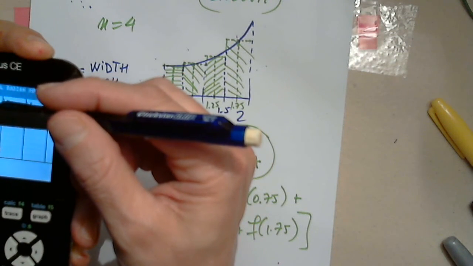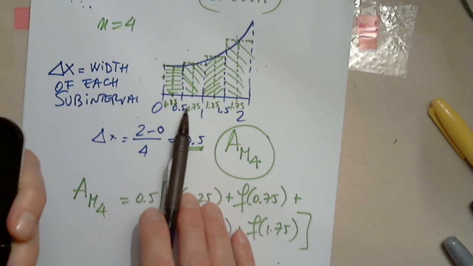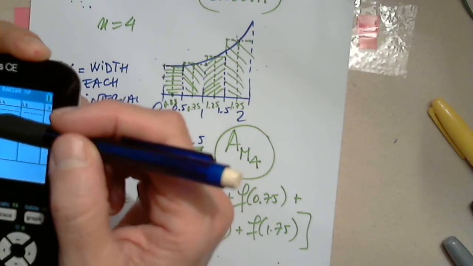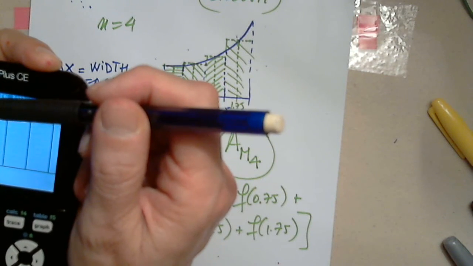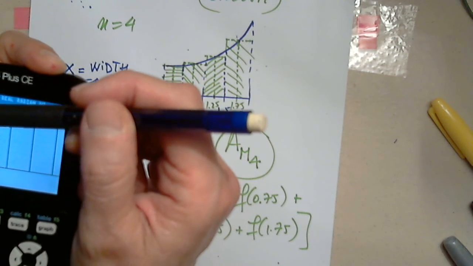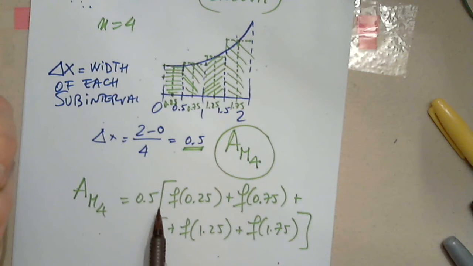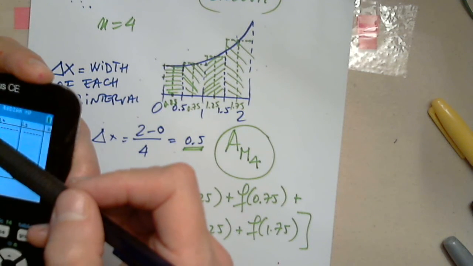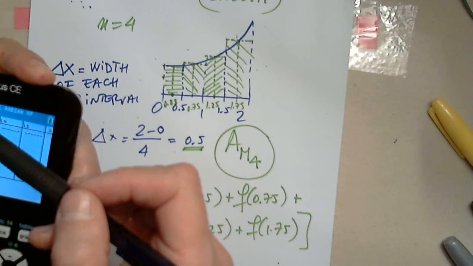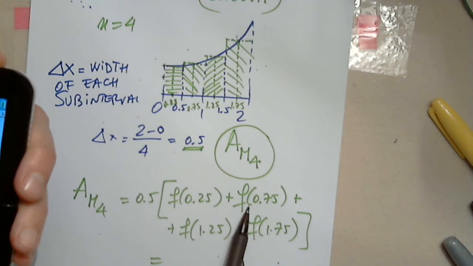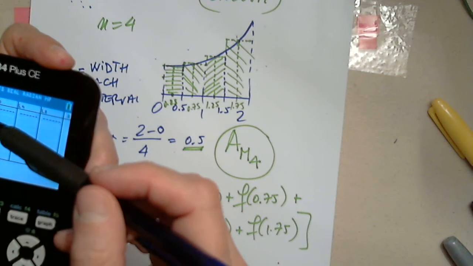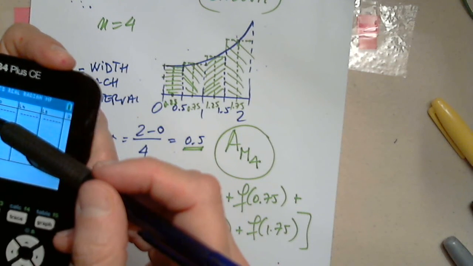One more time, what am I trying to do? I entered 0.25, 0.75, 1.25, and 1.75 in here. Now I want this list to calculate for each and every one of them the product 0.5 times this, and put it in the first row, second column. 0.5 times f of 0.25, 0.5 times f of 0.75, and put the number in here.